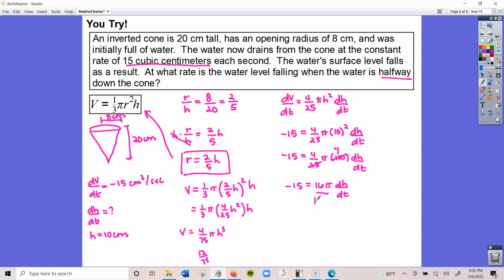And finally, I'm going to divide by 16 pi. So dH dt is going to equal negative 15 over 16 pi, and my units are centimeters. Again, no exponent because this is height, not volume or area, so centimeters per second. The height is decreasing, which makes sense because water is being drained from the cone.